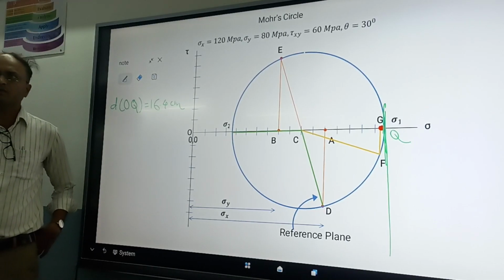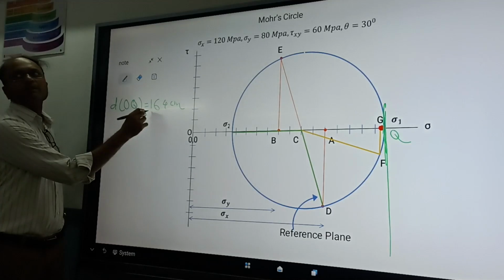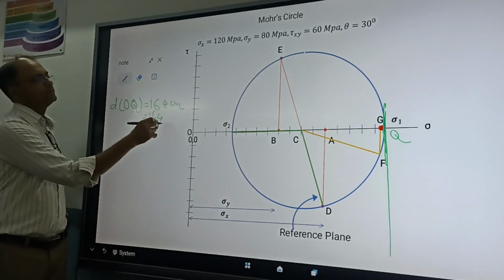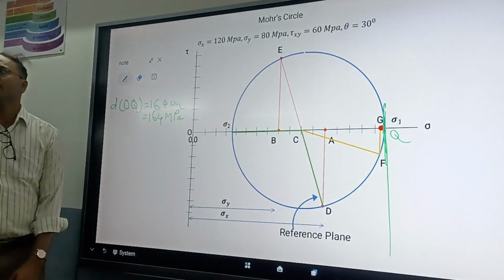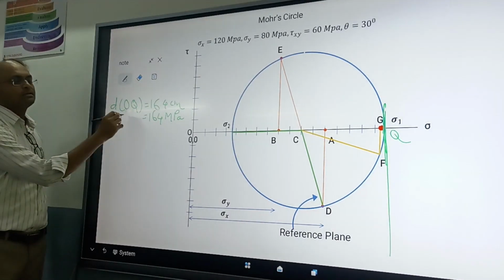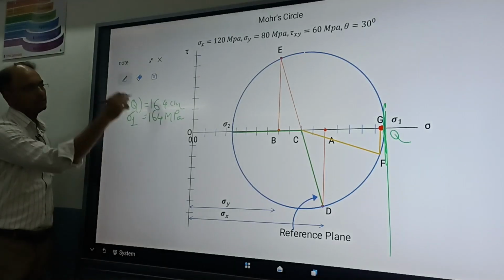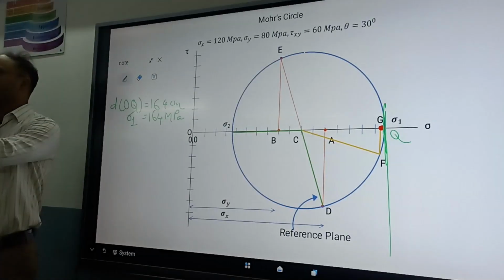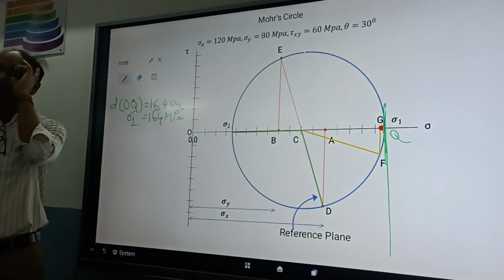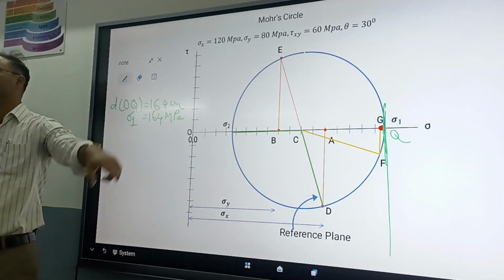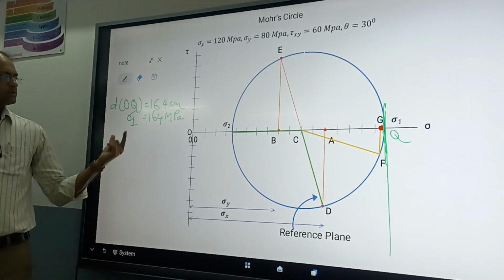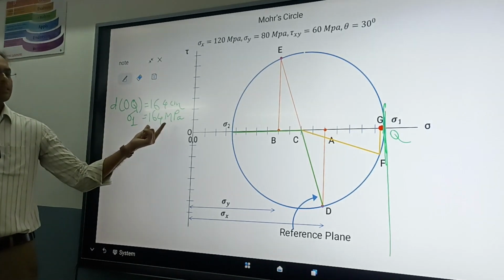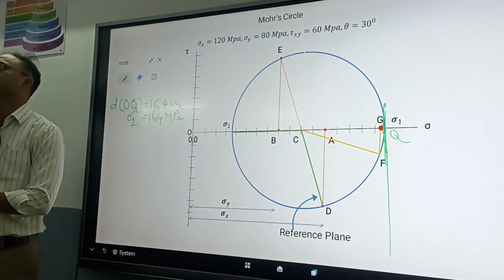By converting into scale, 164 megapascal. Correct? What is this? Normal stress, and that is the maximum principal stress. Write down maximum principal stress: sigma 1 is equal to 164 MPa.